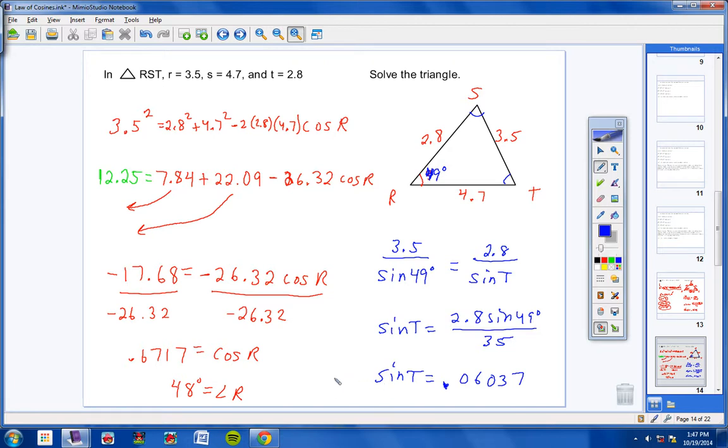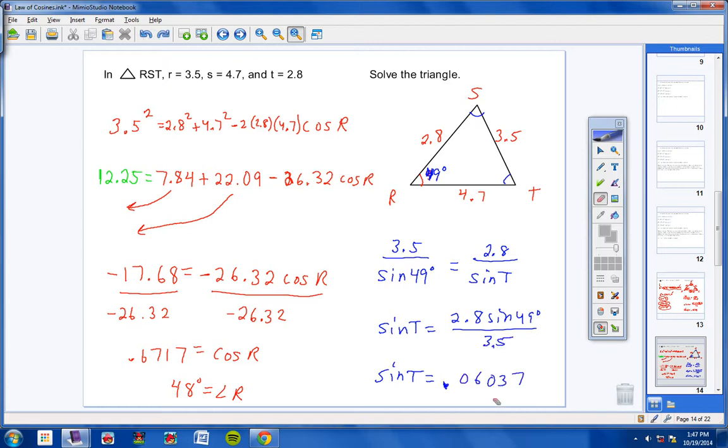You will get 3.46. I wonder if that's correct. Let me check my work here real quick. 2.8 sine 49 divided by 3.5. Sorry, students. Okay, so that's definitely mistake number one of the day. I'm sure there's many more to come before the class period is over.